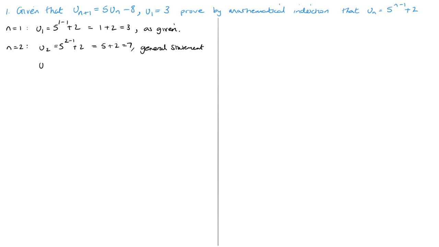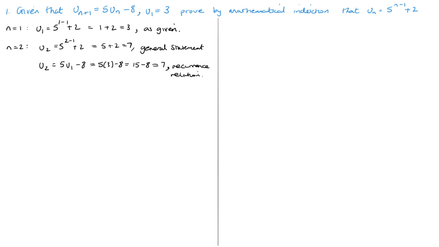Okay, then we do the other one, u2 from the recurrence relation. So that is 5 times u1 minus 8. So 5 times 3 minus 8, which is 15 minus 8, which is 7. And this is from the recurrence relation.